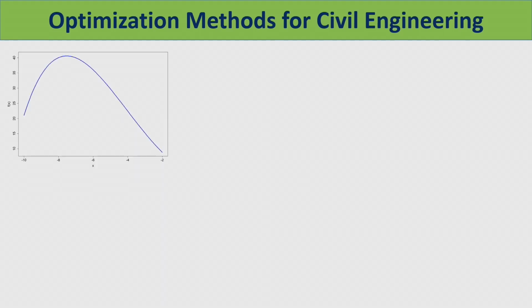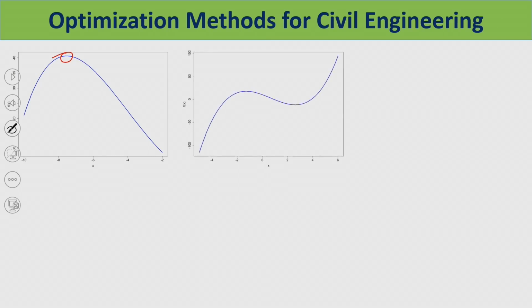Here I have shown you some functions. This is a function and the objective is to find the maximum point of this function. The optimization method will be used to find the maximum point.